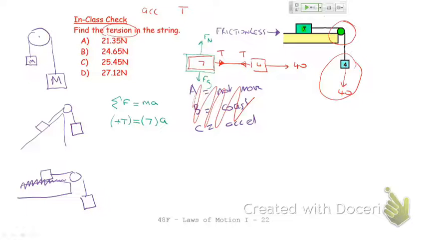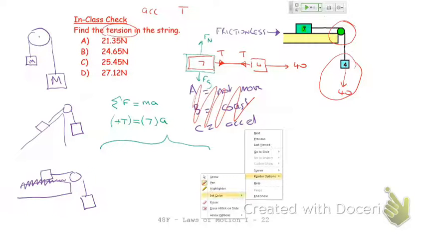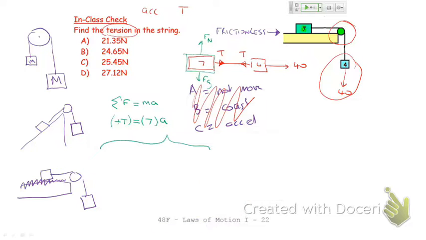Oh man, if only I knew A, I could find the answer. So what I do is I change the color of my pen. And I come along and I go to purple, because, oh yeah, purple will do. And what I do is I say, there's my next bit. That's my system. And I go, the sum of the forces of the purple equals MA.